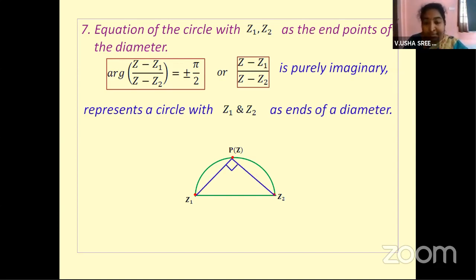Angle in the semicircle is 90 degrees, right? So we are taking ends of the diameter and one general point on the circle. So when you have such information, then the equation of the circle can be calculated with the condition I have mentioned above.